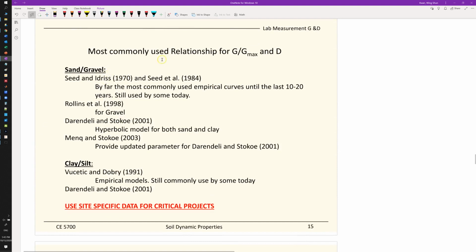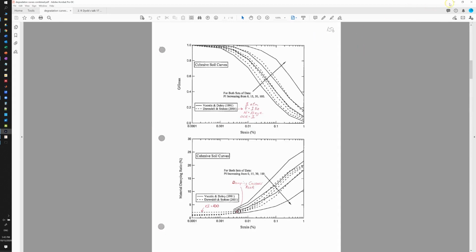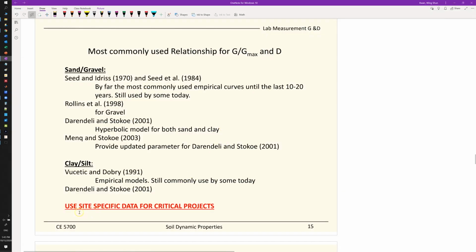So those most commonly used relationships for the G or G max, I think we have covered that already. Those curves you can see from the PDF that I also uploaded on Canvas. So this is the same thing that we have talked about already. And again, if you have site-specific data, that's great.